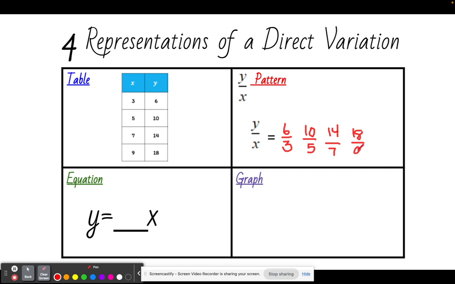If you look at those, you'll see that these are all equal to 2. So my y over x pattern is 2.